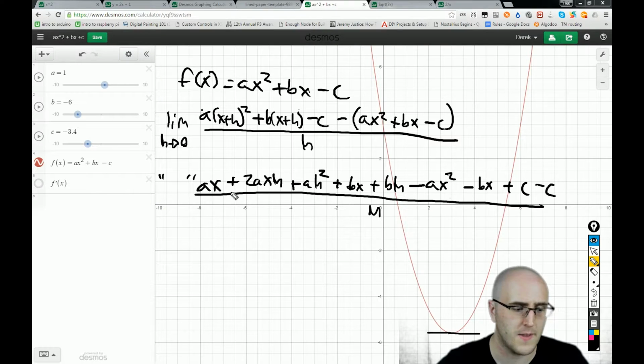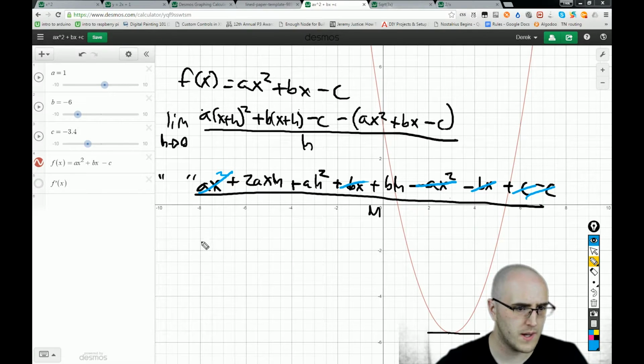That's big and long, but I think a lot of this cancels out. For example, we have ax squared, so this cancels out, because we have another one here. This bx cancels out. These c's cancel out.